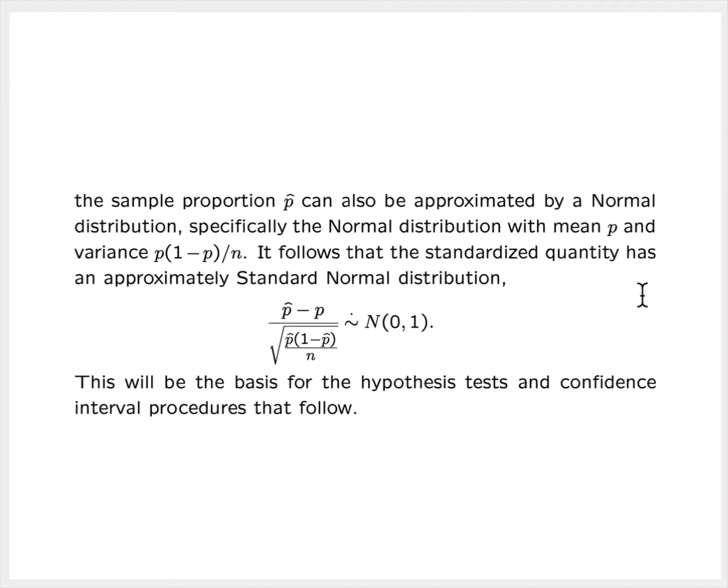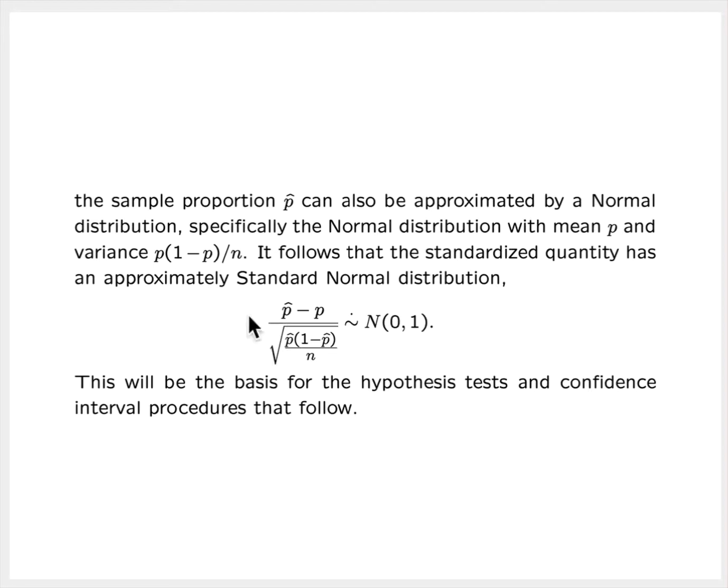Actually, that was the first component that we looked at in that discussion, the sampling distribution of p hat. And then from that, we got the sampling distribution of x, and that was our focus. But here, we're focusing on the sampling distribution of p hat itself, and we're going to be approximating that sampling distribution for sufficiently large sample sizes by a normal distribution with mean p and variance p times 1 minus p over n.